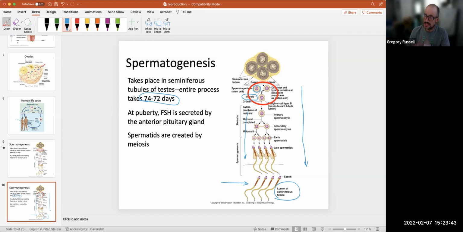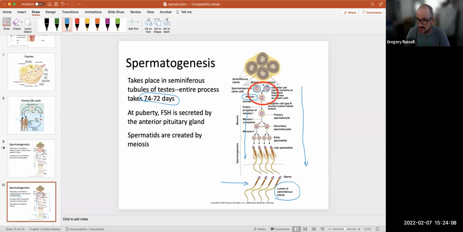It takes 2 to 2.5 months for us to make the actual sperm, but it's happening continuously once puberty begins. Remember, we had that one daughter cell that hung out in the basement membrane. That one daughter cell is going to continue to undergo mitosis. So in theory, from puberty until death, men can make sperm.